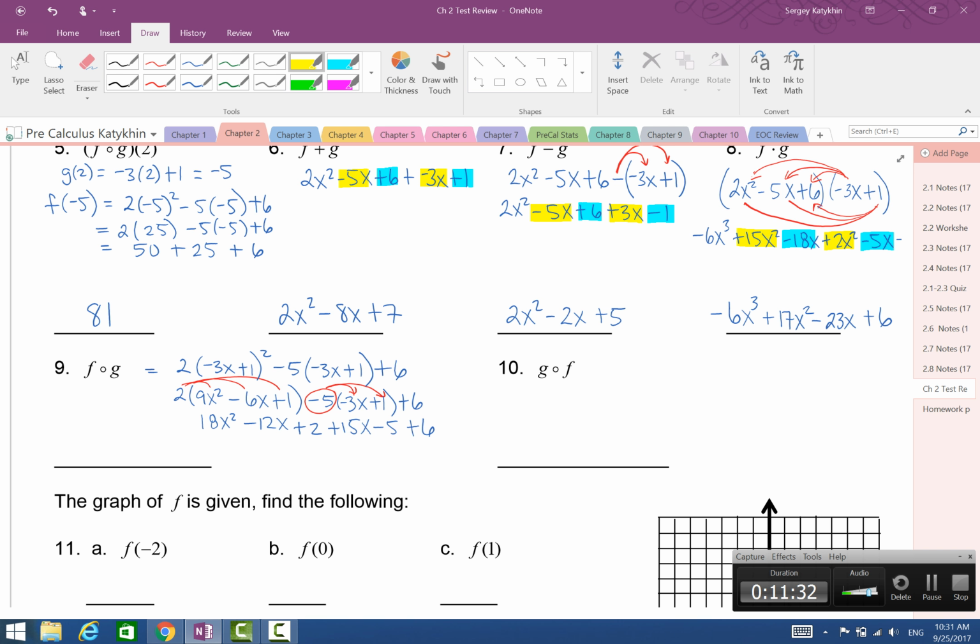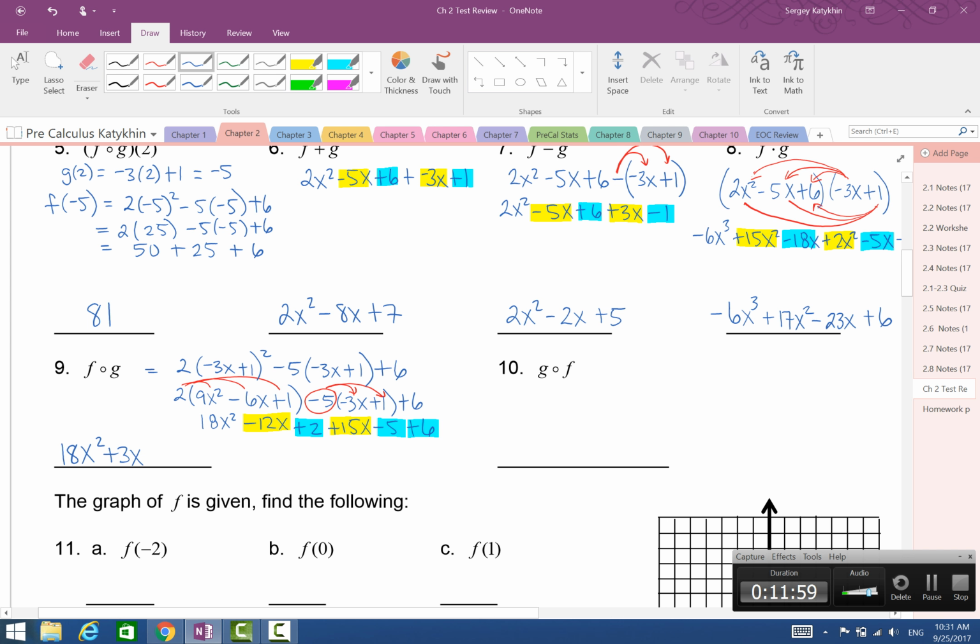As you can see, we do have some like terms, a couple of x terms we can put together, and there are 3 constants that I need to put together. So our final answer is going to be 18x squared. Negative 12x plus 15x will give you positive 3x, and then positive 2 plus negative 5 will give me negative 3.